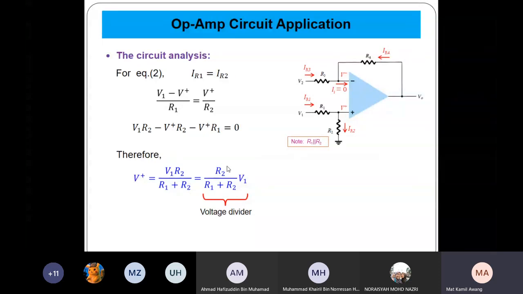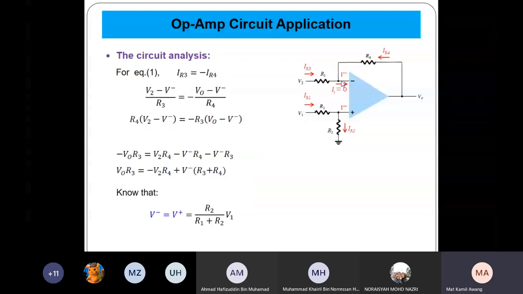Now, continue further. Now we look at this part. Now we want to find V minus. From equation 1, IR3 is equal to minus IR4. What is IR3?